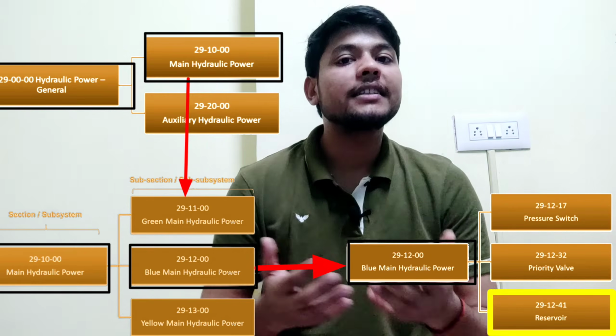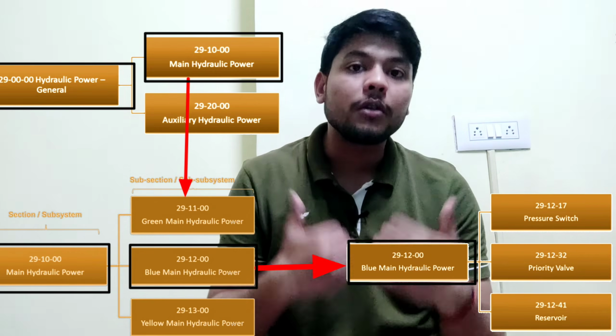Likewise you will have to decide which contents are needed for you. If you go like this, you will get your components and your procedures, everything: tools, job setup, the procedures, the close-up, and everything you want to know. You will go inside this way, then only you will get your exact and correct procedure.